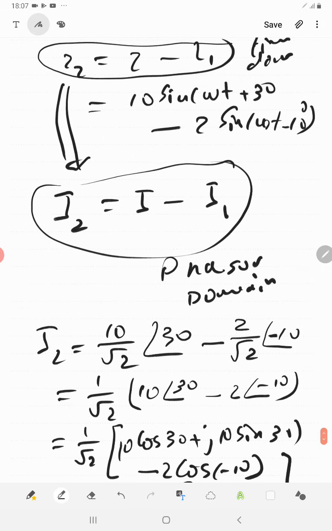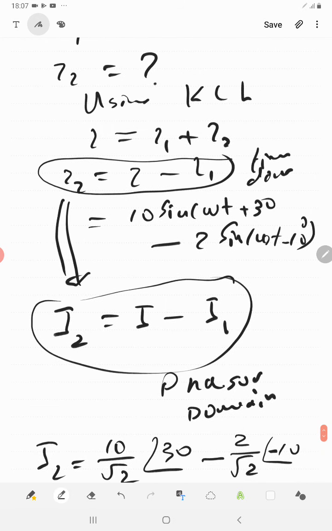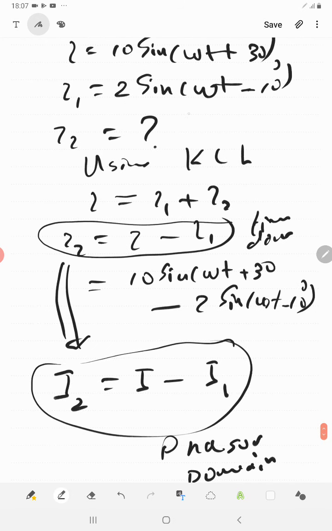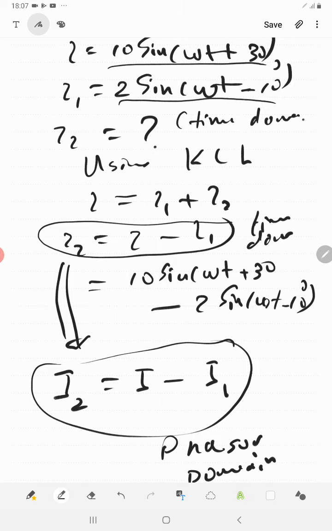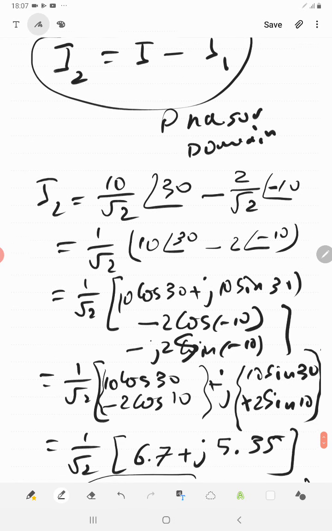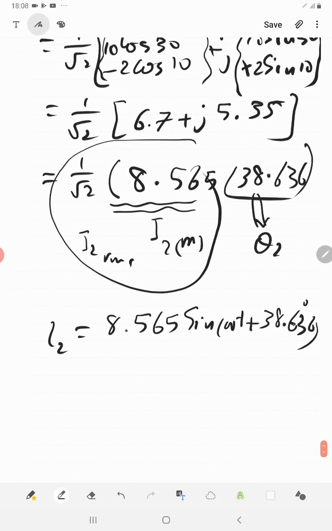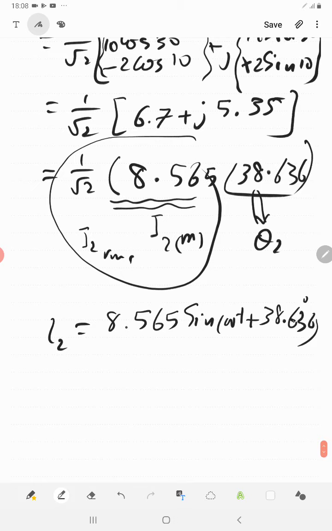So when asked to find I2 in time domain, we convert I to a phasor, we convert I1 to a phasor, do the operation, I2 RMS equals I minus I1, and then finally convert the RMS value or the phasor form to time domain form. This is very important.